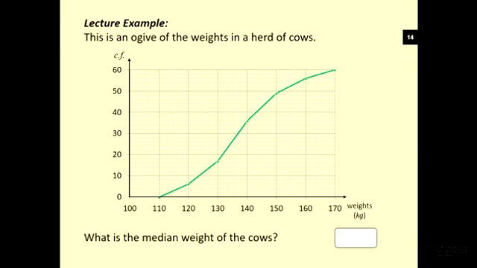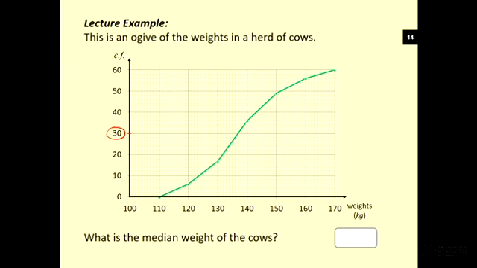What's the median weight of the cows? So we can see that the median for data of 60, 30 kilos is not the answer. Well, one would think not. But I just want to know the median cow.